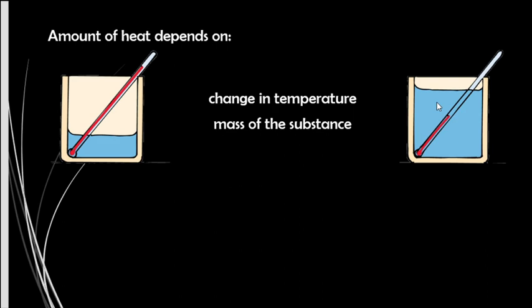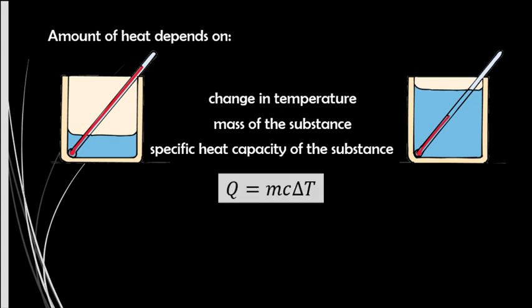It also depends on the mass of the substance and the kind of substance, described using its specific heat capacity. Our heat, or Q, is equal to mass times C, the specific heat capacity, times the change in temperature, or Q = mcΔT.